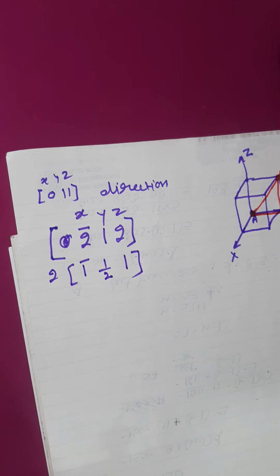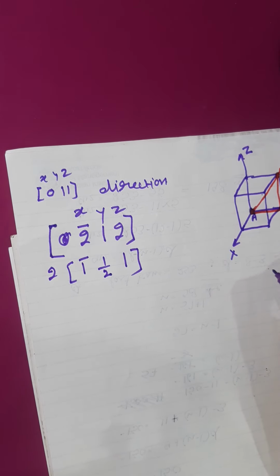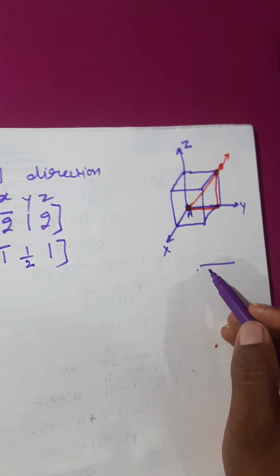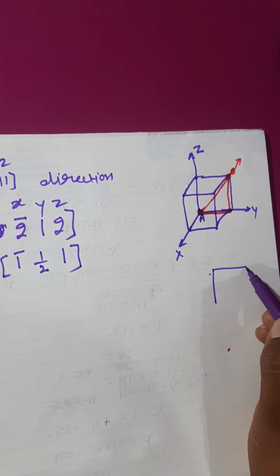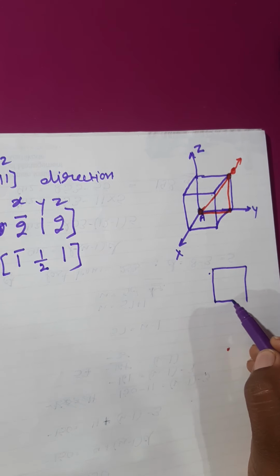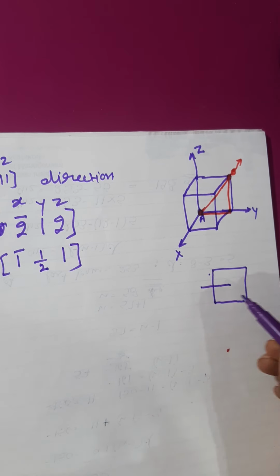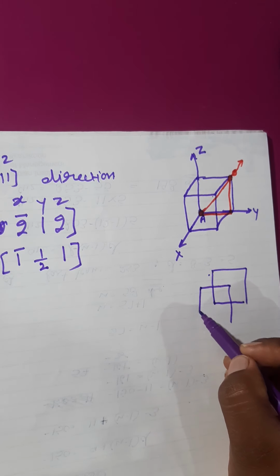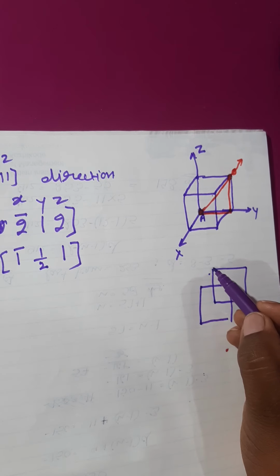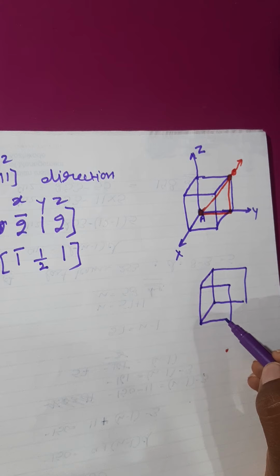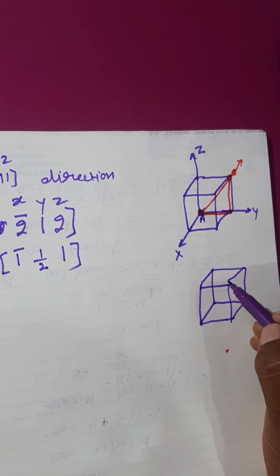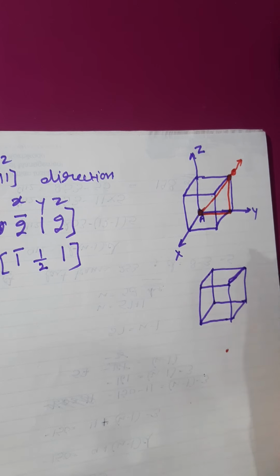Now draw the diagram. This is the unit cell, and we have to mark the direction for these indices.